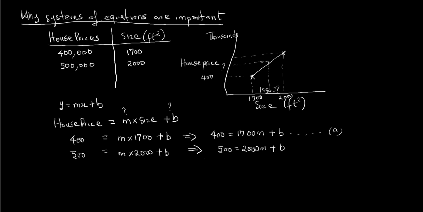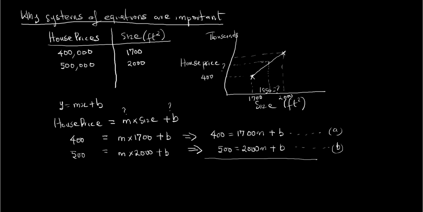Now you can see that we can solve this system of equations using the methods we outlined before. Either you use the elimination method, or the substitution method, or you can as well use the graphing method. Even though the graph has been plotted here, you can find the slope of this line.